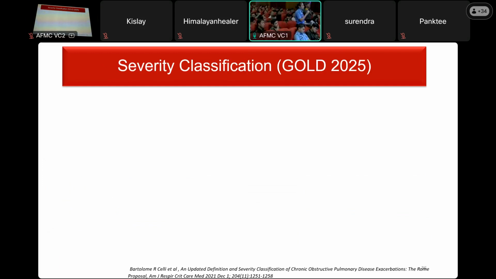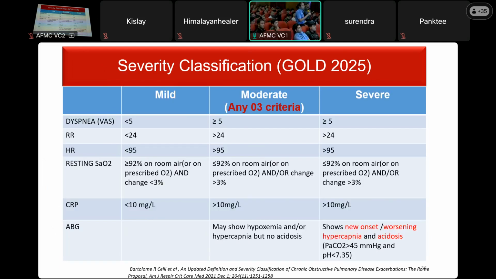So a visual analog scale breathlessness of more than 5 goes in favor of severe, SpO2 less than 92, heart rate of more than 95. And out of these 5 criteria, how many? If 3 out of 5 are present, it becomes moderate. And when does it become severe? pH of less than 7.3. Acidemia. If acidemia is there, then it becomes severe. Right.